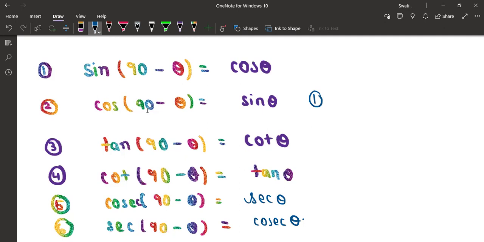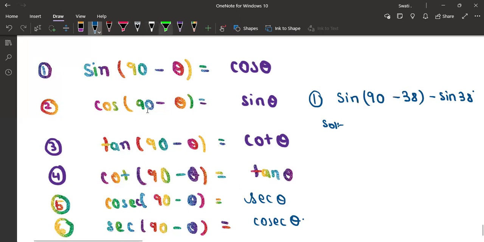Okay, so you can tell me what is the answer of sine 90 minus 38 minus sine 38? Can you solve this?